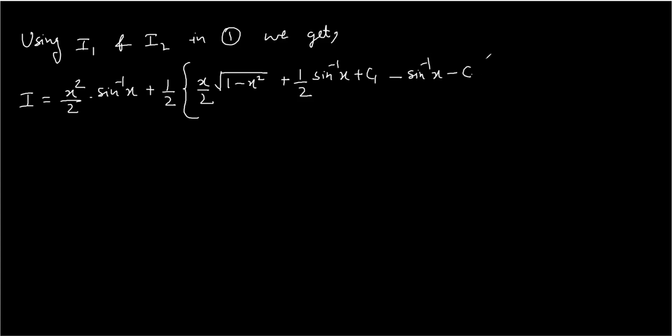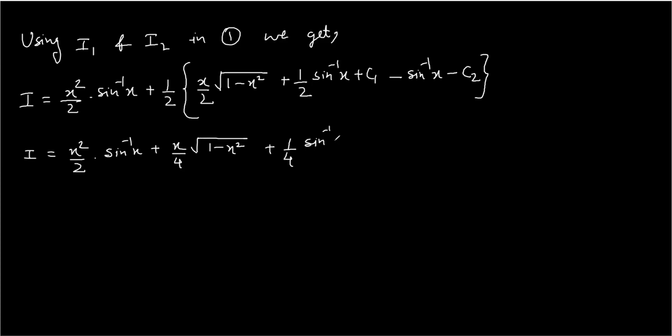The sign will change and the bracket closes. So now I get, therefore I equals x square by 2 sine inverse of x plus x by 4 square root of 1 minus x square plus 1 by 4 sine inverse x minus 1 by 2 sine inverse x plus c1 by 2 minus c2 by 2.